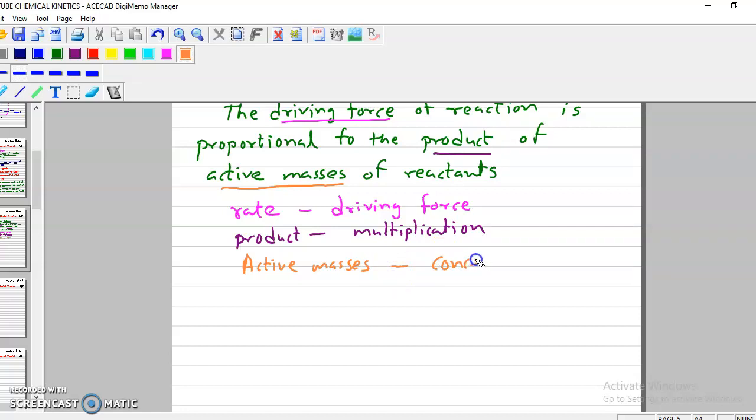So now it is easy to understand what it means. It says that the rate of reaction is directly proportional to the multiplication of concentration of reactants. So this is the interpretation of this law.